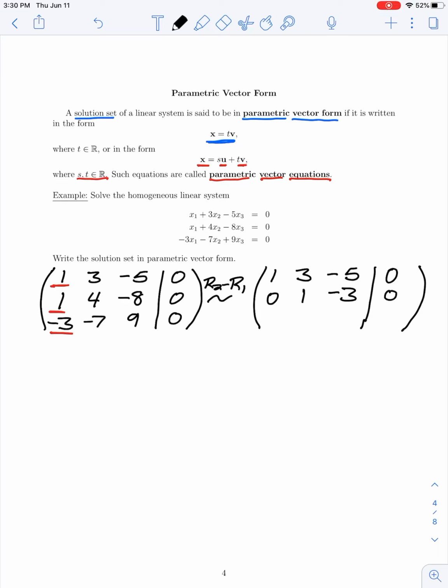Now to eliminate the -3 for the lead coefficient in my third row, I'll take row 3 plus 3 times, I could use 3 times row 1 or 3 times row 2. I'm going to stick with row 1 here, so I would have 3 minus 3 is 0, 9 minus 7 is 2, -15 plus 9 gives me -6, and then my 0 plus 0 is 0.